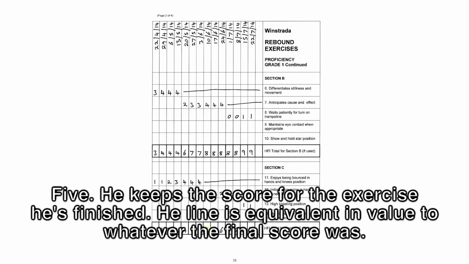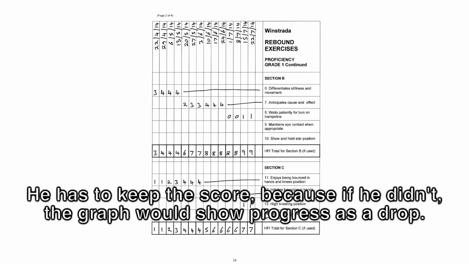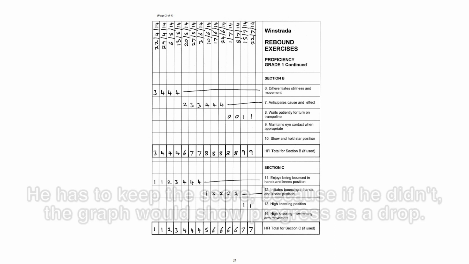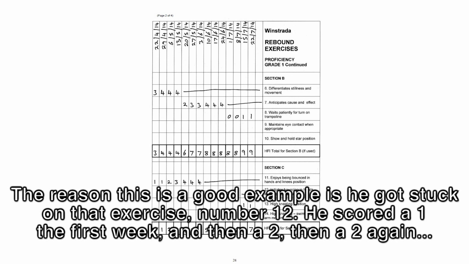He keeps the score for the exercise he's finished. The line is equivalent in value to whatever the final score was. He has to keep the score, because if he didn't, the graph would show progress as a drop. Does that make sense?